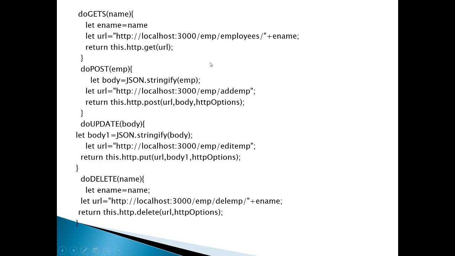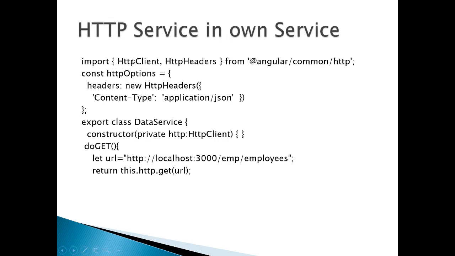These are other methods. We can send a get request, and we can send a post request. For the post request, we have to provide the URL, we have to provide the variables which need to be posted to the server, and we are providing HTTP options. The HTTP options have been declared here, in which I have defined a header which says that the data I am passing to the server is of JSON type.